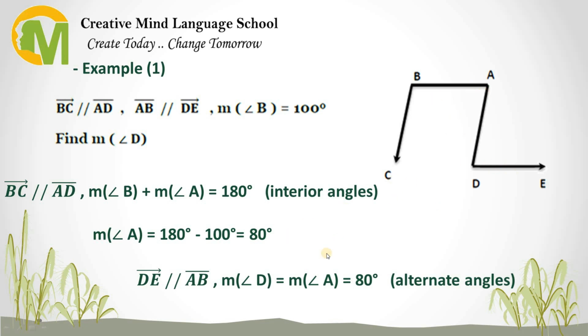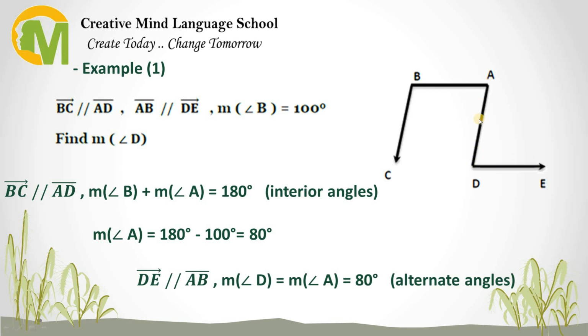Moving on to the other two parallel straight lines. DE ray is parallel to AB line segment. Then measure of angle D equals measure of angle A equals 80 degrees, and the reason is that they are alternate angles.